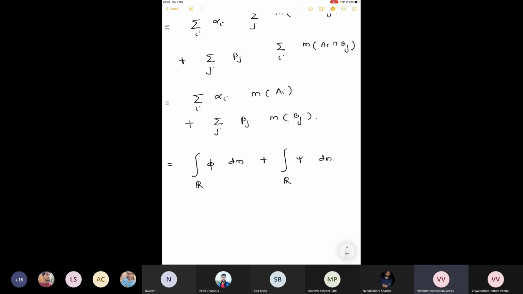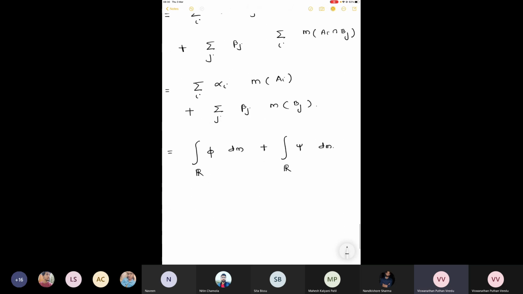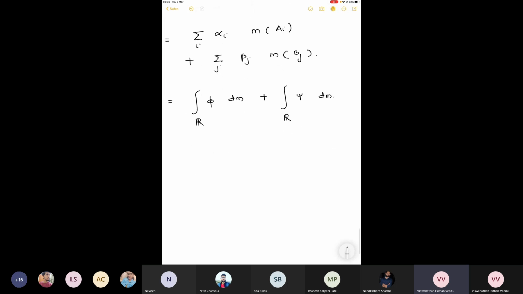So, integral of sum is equal to sum of the integral, as we expected, is true if you have two non-negative simple functions. Similarly, I will not do the detail, you can prove that integral over R c phi dm is equal to c times integral over R phi dm.